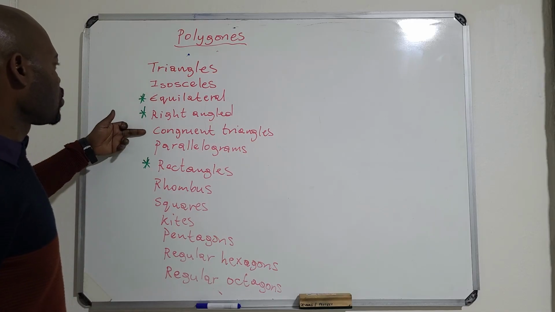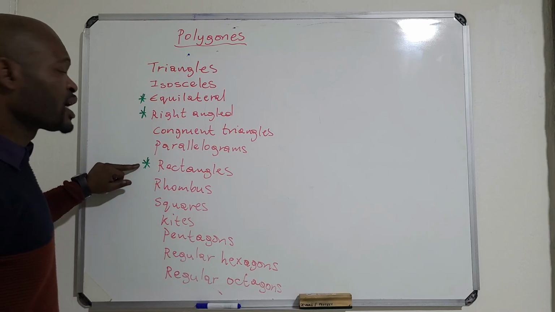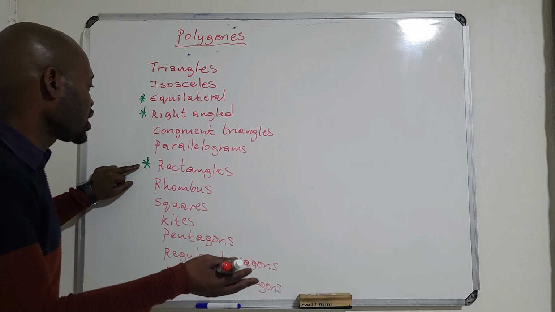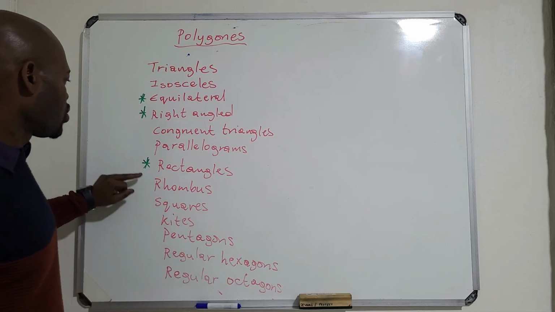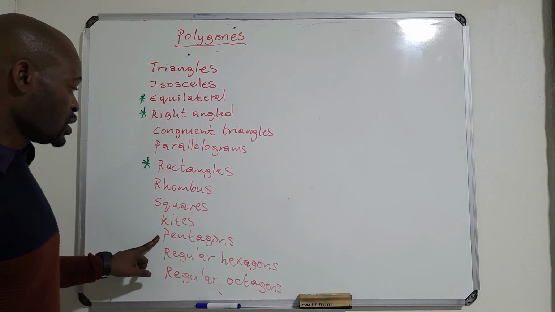You can also check whether all congruent triangles are similar, and all parallelograms. With rectangles, I've just done an example which shows that not all rectangles are similar. Some are similar. You can also check a rhombus, square, kite, pentagons.